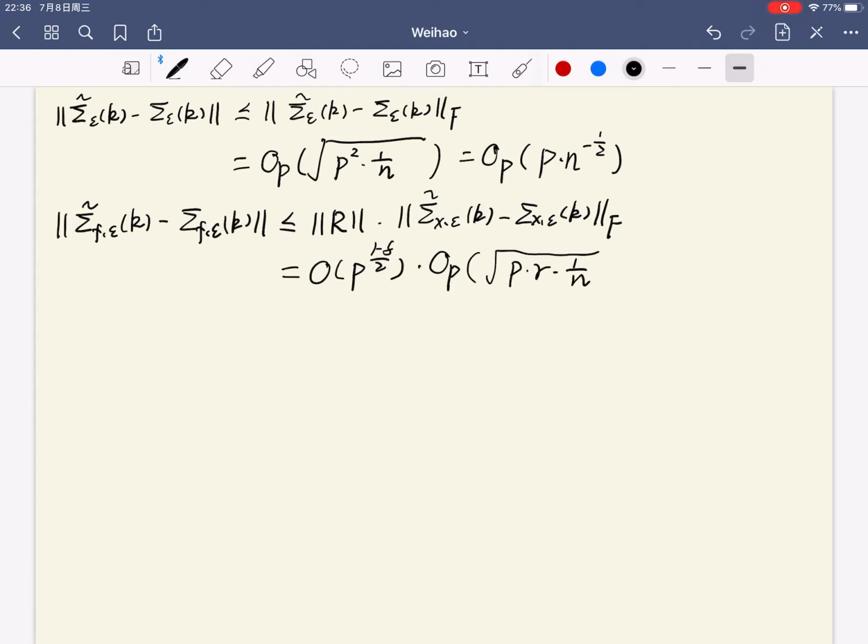Actually, except the last rate, the other four rates all apply a similar trick. First, we upper bound by the Frobenius norm, and then we analyze entry by entry.